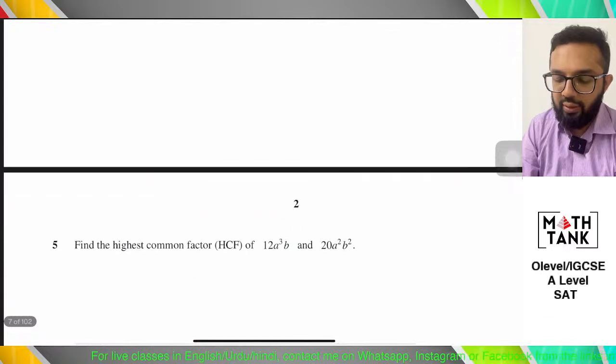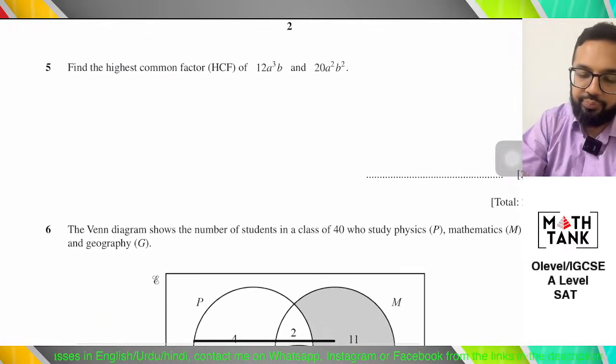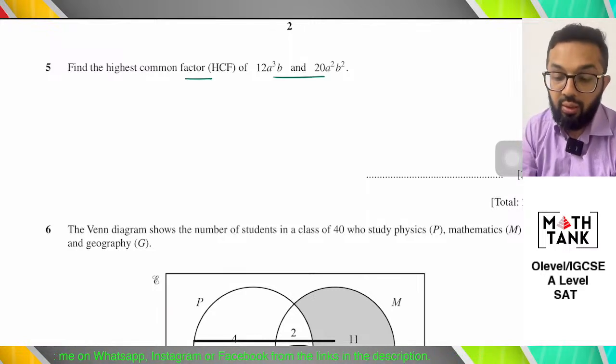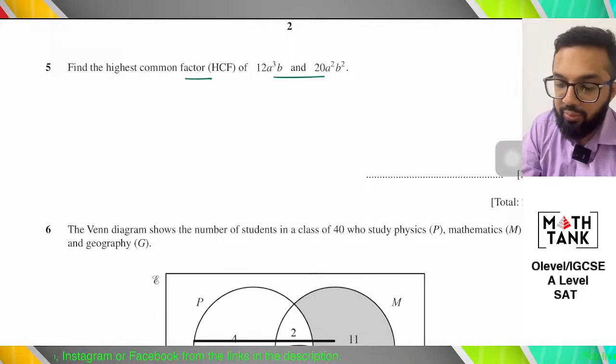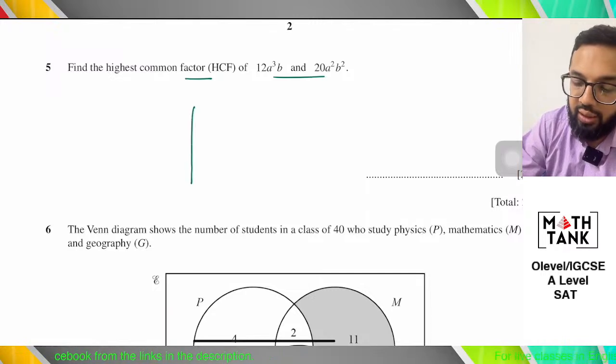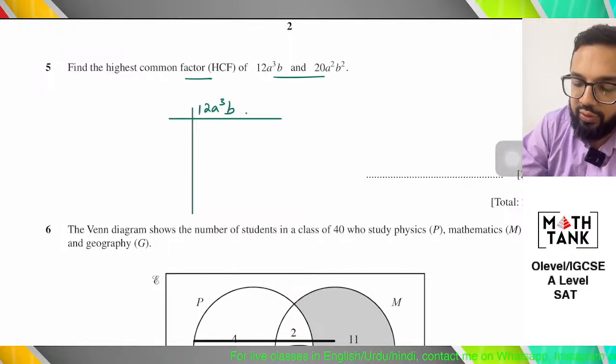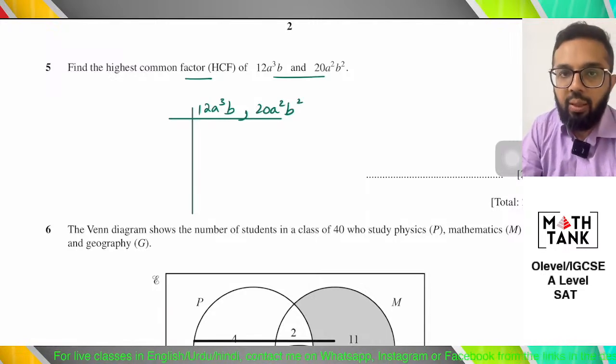Okay, that's that. Then work out the highest common factor of 12a cubed b and 20a squared b squared. So how I calculate the highest common factor is that I do the prime factorization of both of these combined. Let's first tackle the numbers.